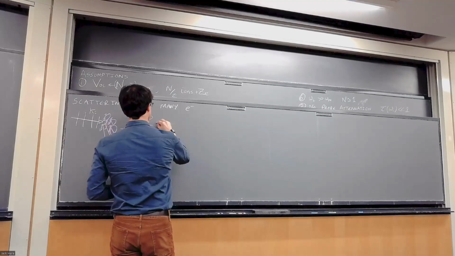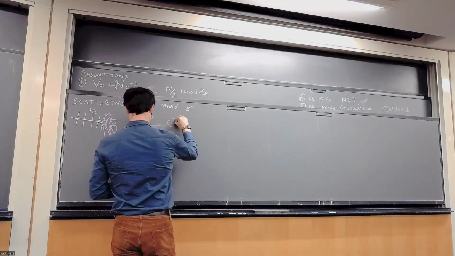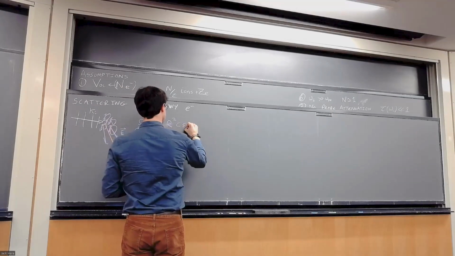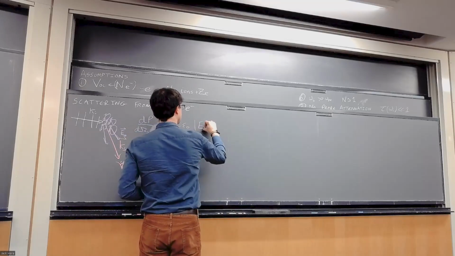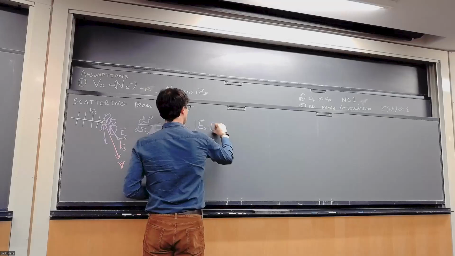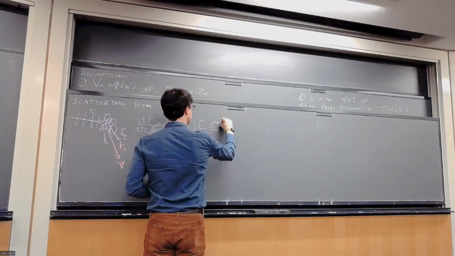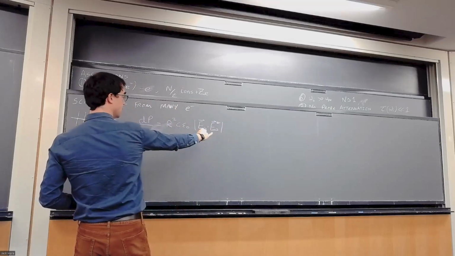That is now going to be equal to r squared c epsilon naught. Previously, we had a term that looked like E scattered dot E scattered star. That was for a single particle.